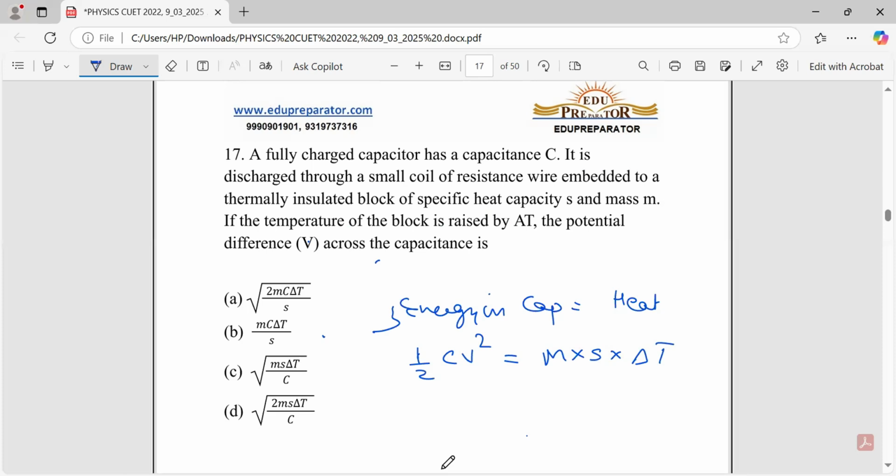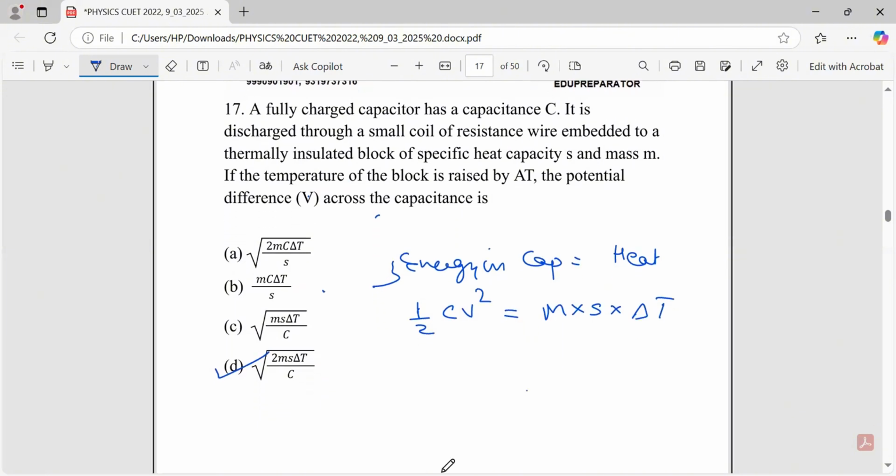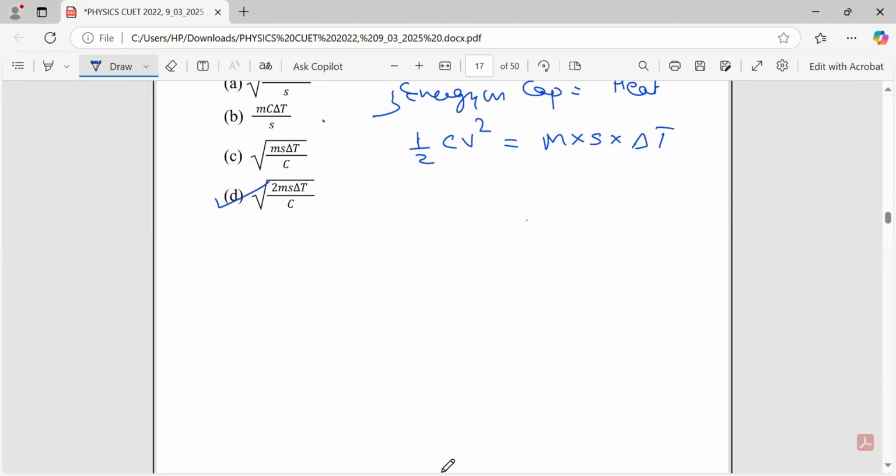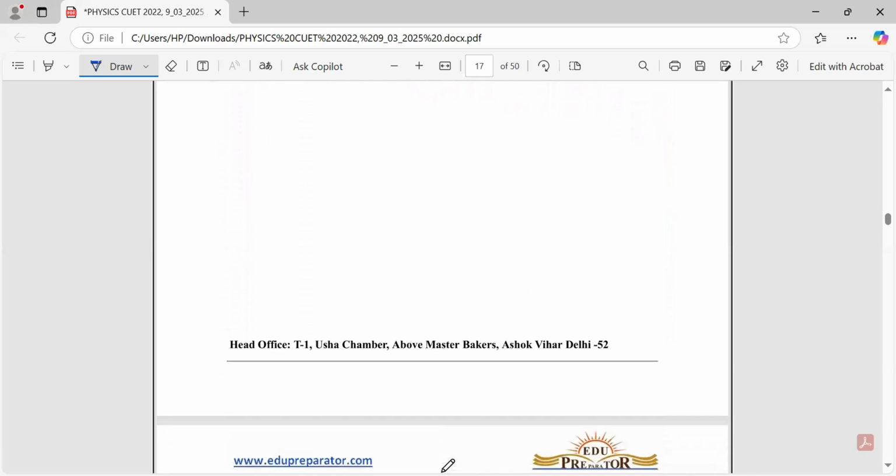So that is the application of your basic terms for heat. Heat is mass into specific heat into change in temperature. So if we simplify this, you will find that the temperature raised is given by the relation of 2ms delta T by C, that is the capacitance of the capacitor.